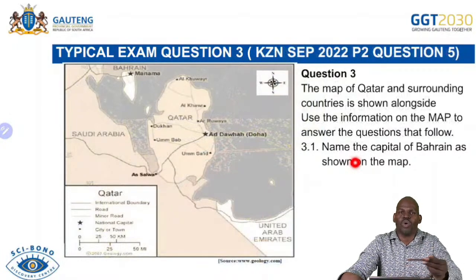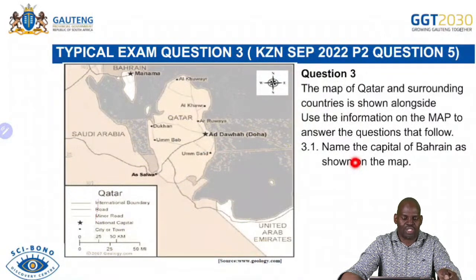Okay, then how are we going to know which one is a capital? You must always check on your map. If you look on this map, we've got a compass, we've got names of places, but we also have symbols that are indicated here. There we've got a line.